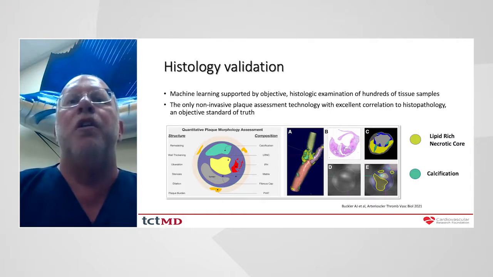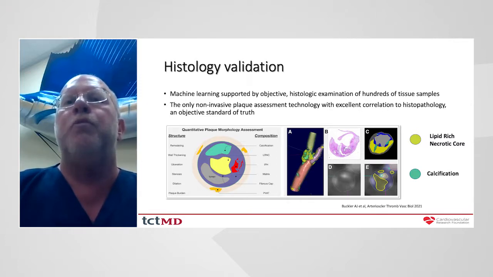That aforementioned lipid-rich necrotic core is one of the most important features. Also intraplaque hemorrhage, the matrix of the plaque, and the fibrous cap. As we've heard, the thin fibrous cap atheroma is really what kills you. So it analyzes the thickness of the cap for you, and it also looks at another emerging and very important biomarker, the perivascular adipose tissue.